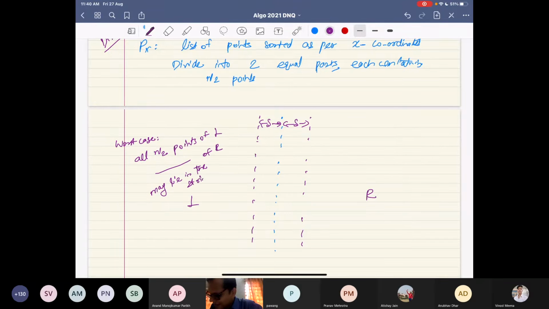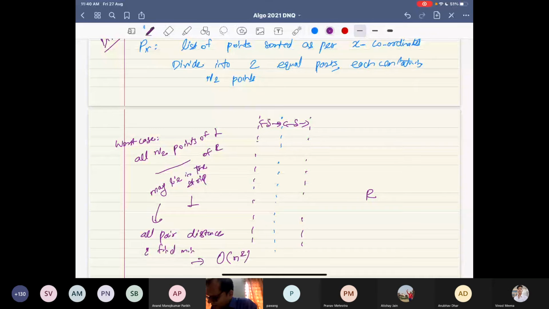And what we were hoping is that we will just find the points within the strip and compute all pair distances. But if I take the all pair distance and find the minimum, that is anyway going to be order n square again. So what have I gained? I have gained nothing, right?